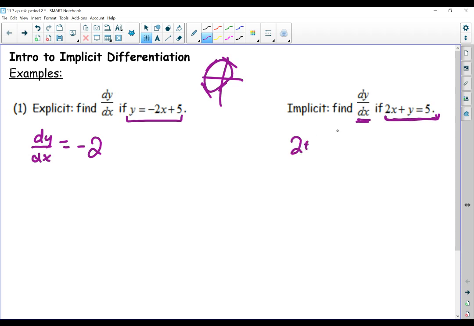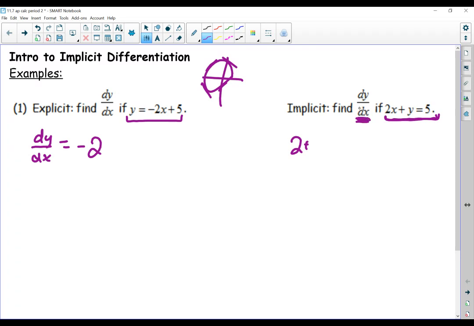If I wanted to take the derivative of y, here's where the problem comes. Y in this case is the actual dependent variable. It's the output variable. It's the function. Its derivative would not be 1, because we're not taking the derivative with respect to y. We're taking the derivative with respect to x.